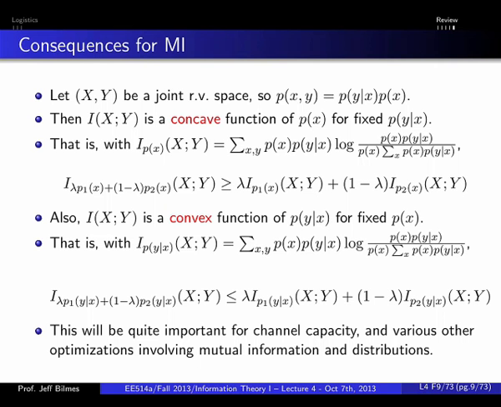In particular, when we think of the mutual information as a function of the marginal distribution, which is this little guy down here, the marginal on x, then we're concave in that marginal. And when we fix the marginal and think of it as a function of this conditional, we're convex in the conditional. So concave in the marginal fixing the conditional, convex in the conditional fixing the marginal. And that's going to be very important for doing various forms of optimization.